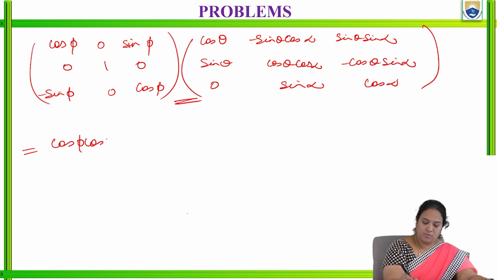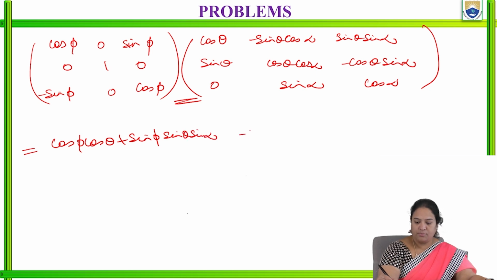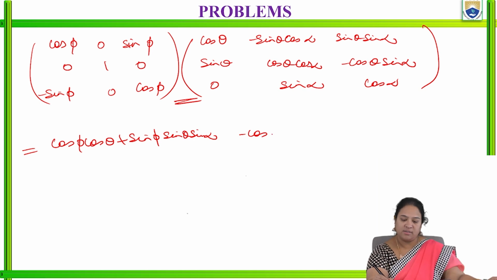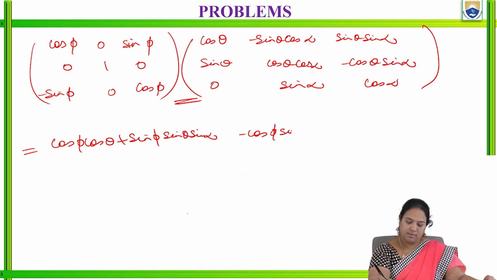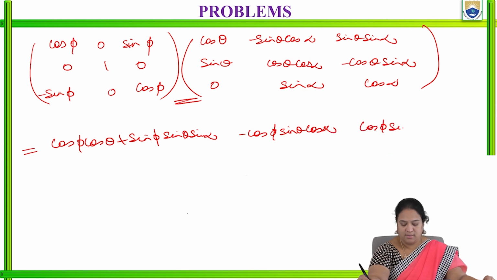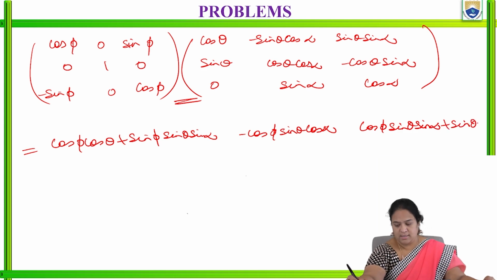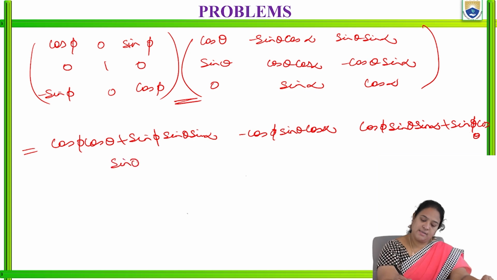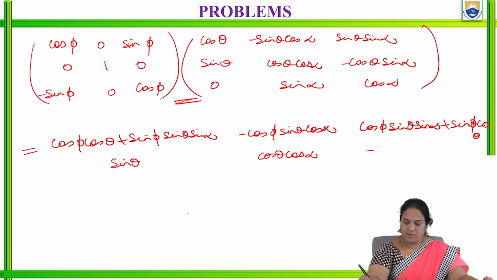Cos phi cos theta plus sin phi sin theta sin alpha, into minus this one when we are considering minus cos phi sin theta cos alpha, cos phi sin theta sin alpha plus sin phi cos theta. Next one is sin theta cos alpha, into minus cos theta sin alpha.